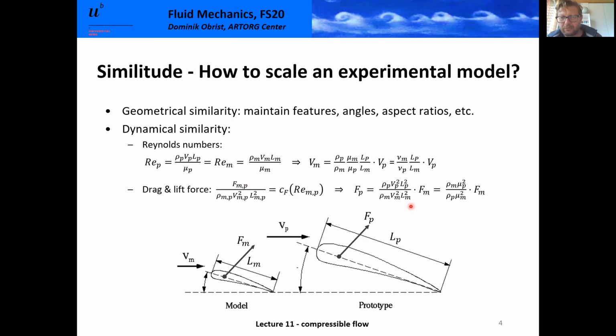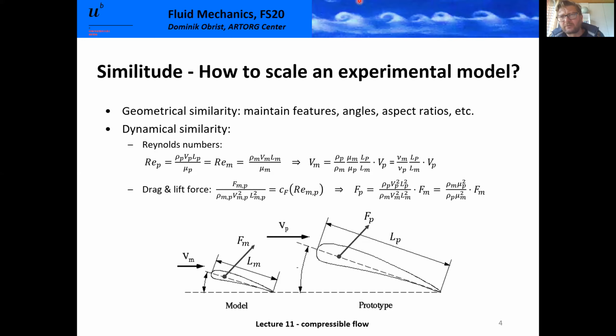So we can again formulate how the problem force, the force in the actual commercial airliner, is related to Fm, the force we measure in the model. Okay? So we measure the forces acting on our model in the wind tunnel, and we multiply it by this factor, and we obtain the lift there would be in the actual commercial airliner.